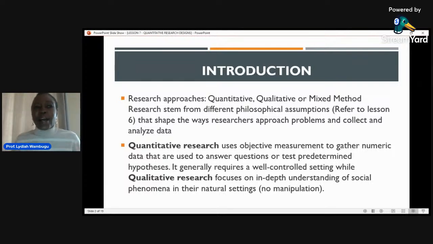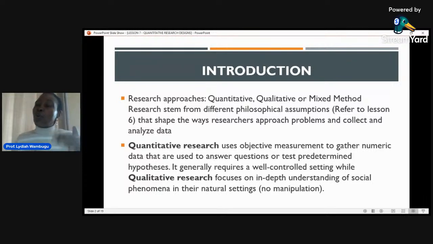You give a story which I cannot convert into any number. I will not convert it into any number, but I'll be saying, she said, and he said, and I write the story. So the same question can be investigated quantitatively, and the same question can be investigated qualitatively.